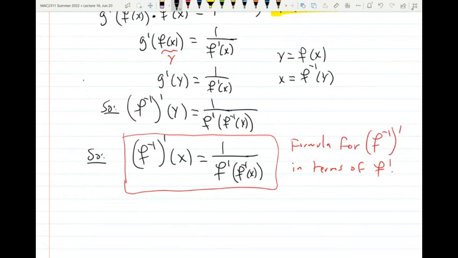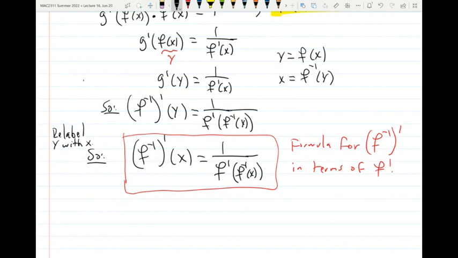so here all I did was just relabel y with x, because typically we want x to be the input, okay? But you need to understand that when we're talking about the inverse, your input is the y. So if I put an x here, you need to understand that this x is the y. But it looks weird like that, so that's why I want to write it in terms of x.